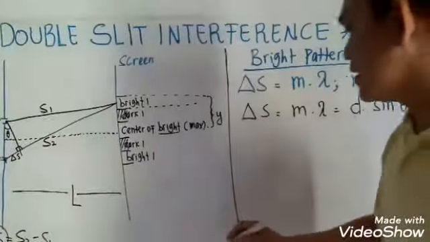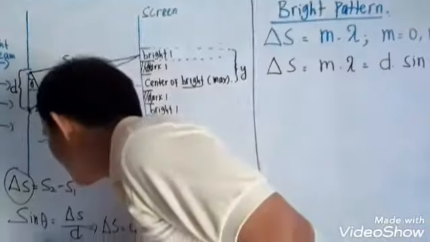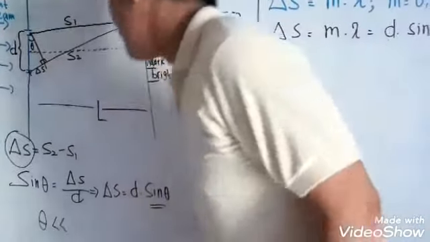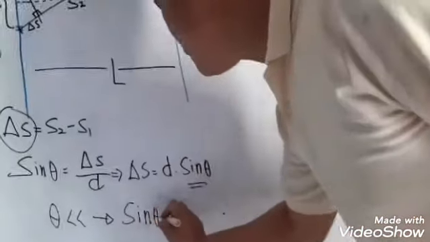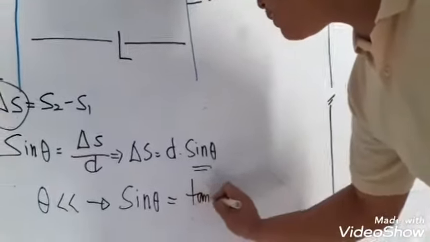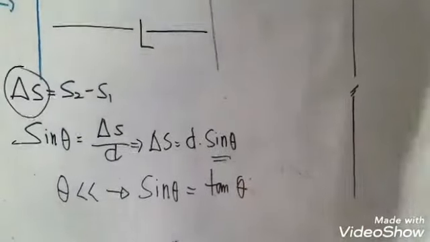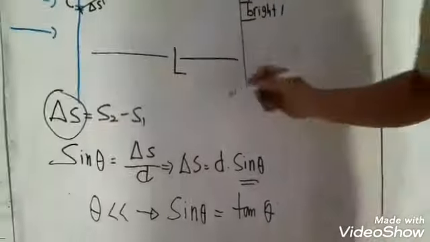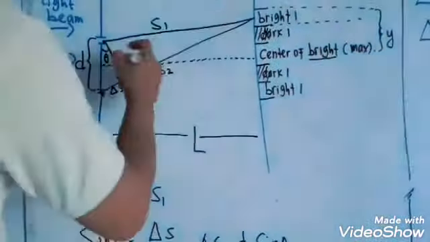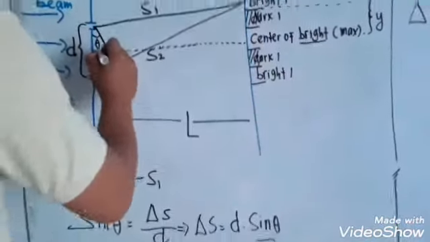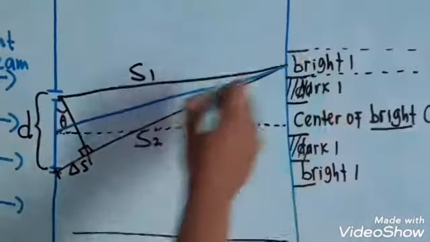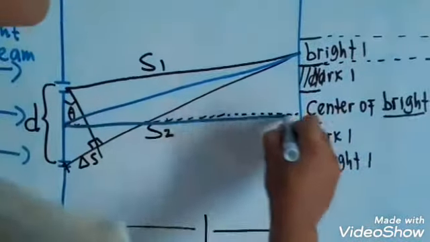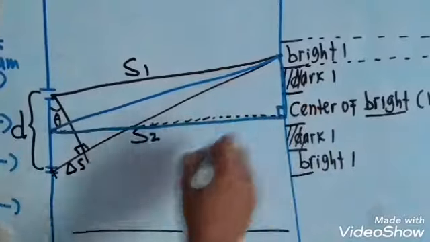If we can see here that theta is very small, so we can say that sine theta is equal to tangent theta. Okay, so if we take one line from this point to this point, we can get this perpendicular triangle.